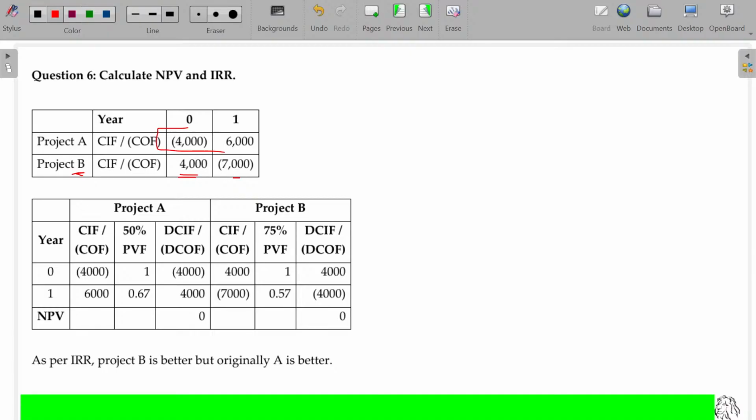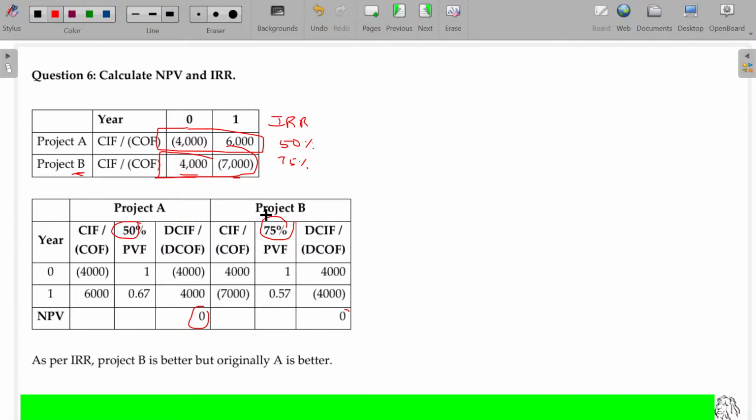For project A, the IRR rate being 50%, for project B, the IRR rate being 75%.